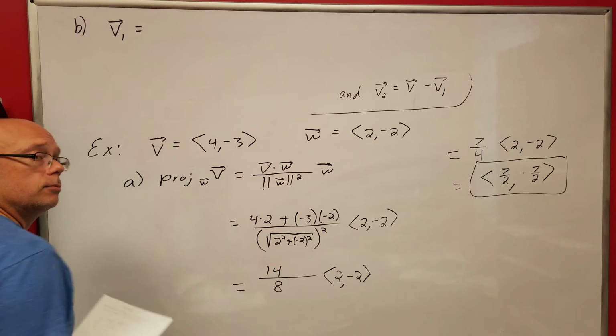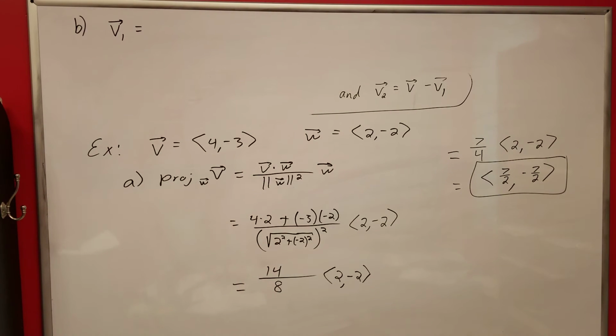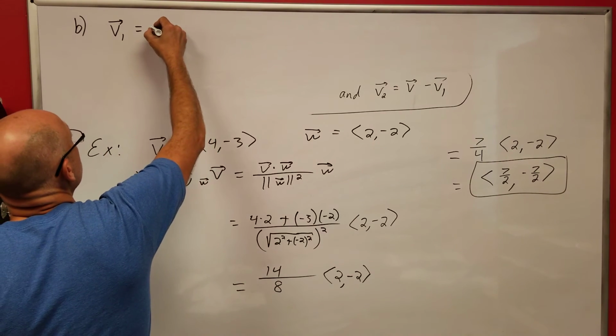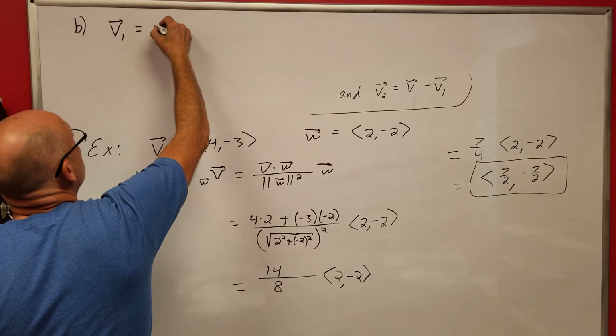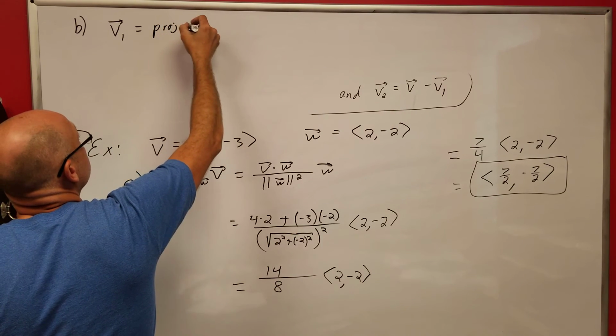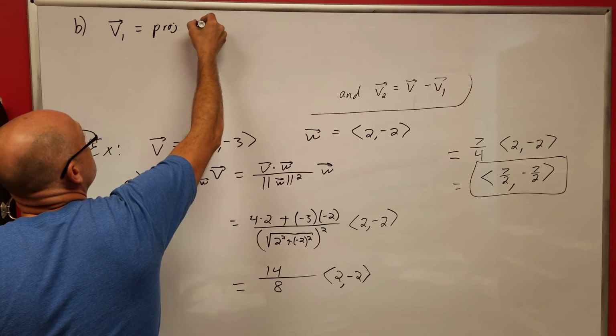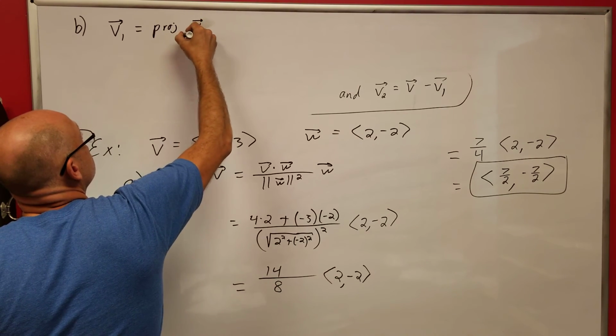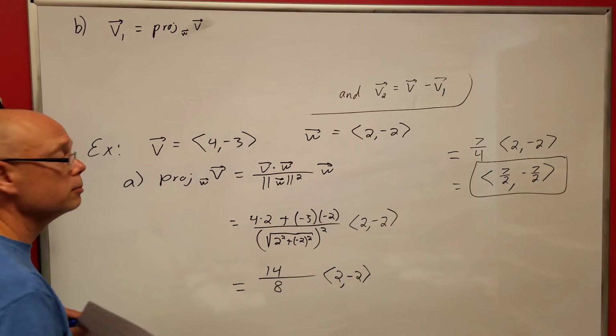Vector v1. What is that equal to? Think about what we just had up on the board. v1, we had it as number 2 here, just erased actually, is a what? The projection of vector v onto what? Onto vector W, right?